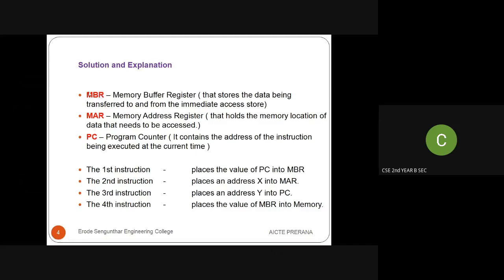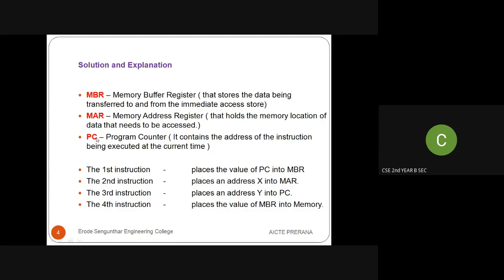The second register, MAR, memory address register, as we already know, holds the memory location of the data that is needed to be accessed. Access means we are going to utilize that or store that value in a particular register. So memory address register is mainly meant for holding the memory location of that particular data which we are going to access.